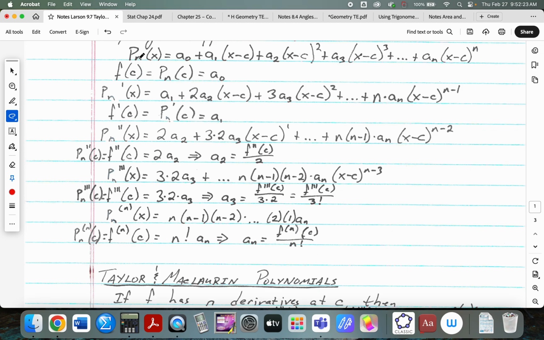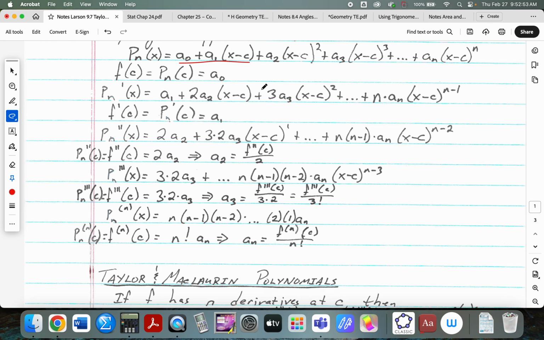So what you do to start with is you write the general nth degree polynomial. It's going to have a constant, a sub 0, plus a constant times x minus c. Up until then, what does this kind of remind you of? It's like a linear function.